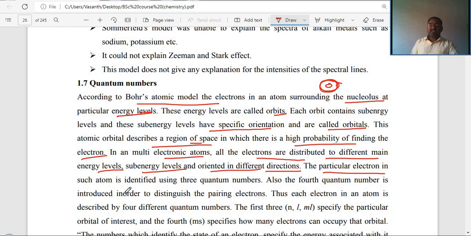A particular electron in such an atom is identified using 3 quantum numbers. The 4th quantum number was introduced in order to distinguish the pairing of electrons. That is the spin quantum number.